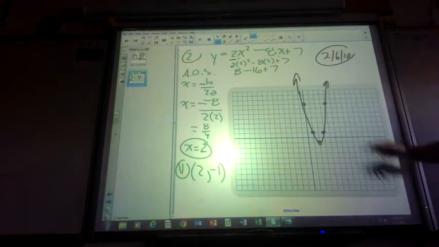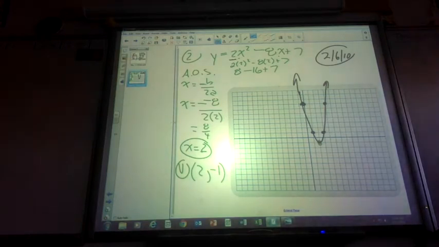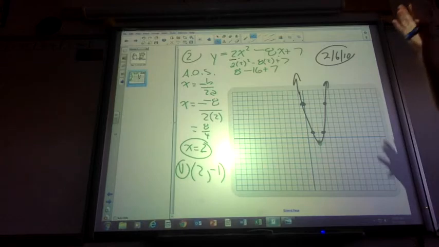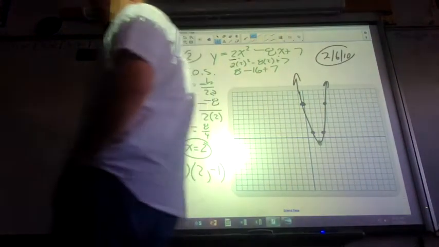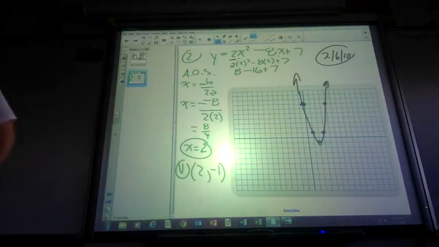Done. I want to be able to see these points on yours as well, please. I would say the vertex and at least 1 point right and 1 point left. If it fits with the 1, 3, 5 or whatever iteration it comes out to, try and put as much as you can on there.